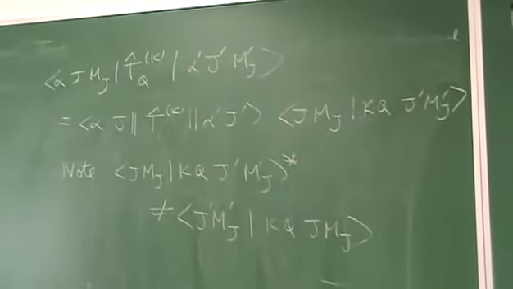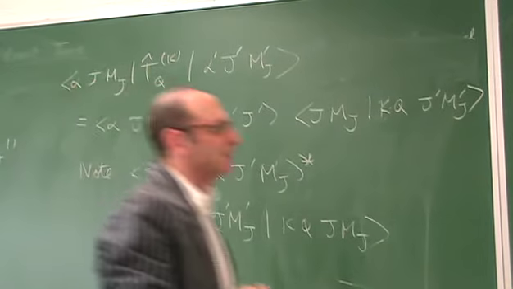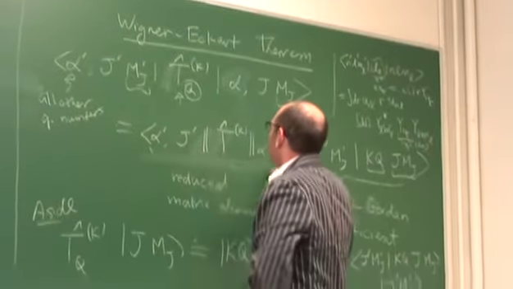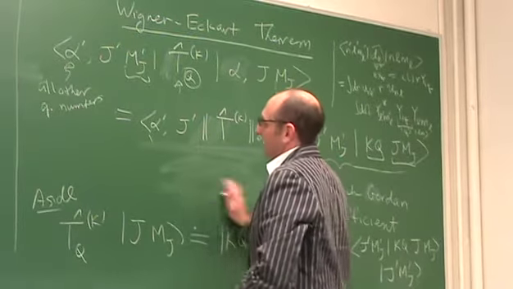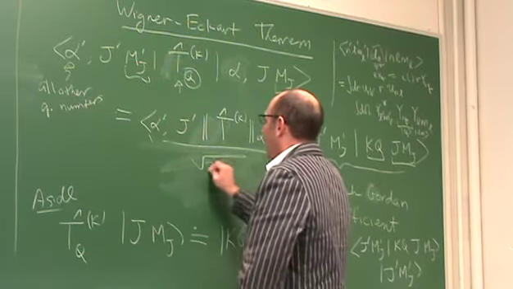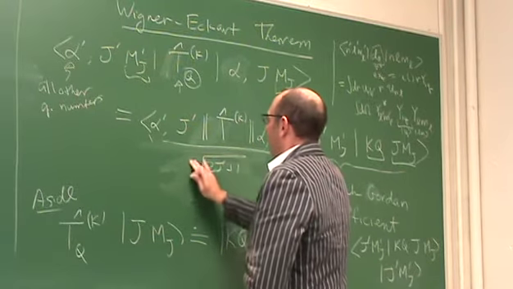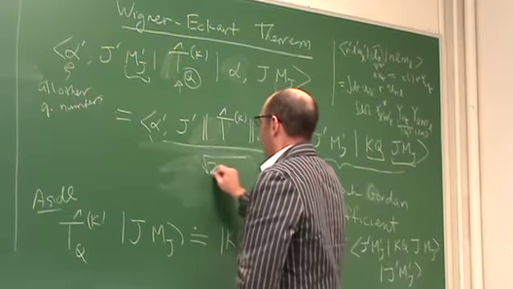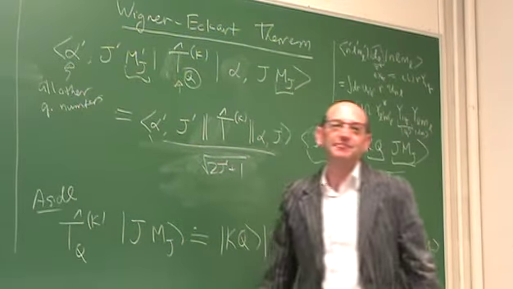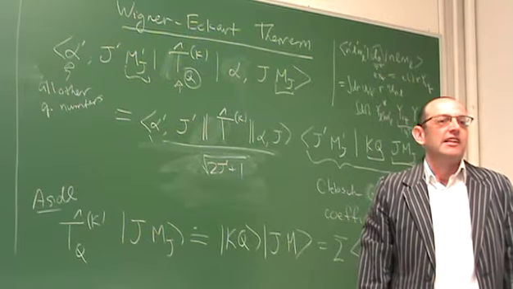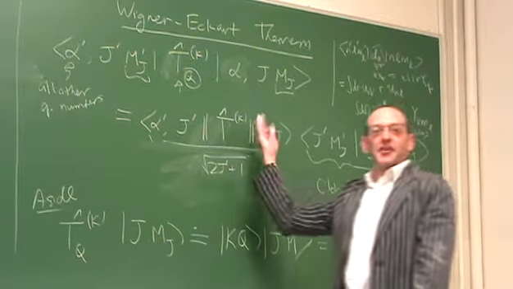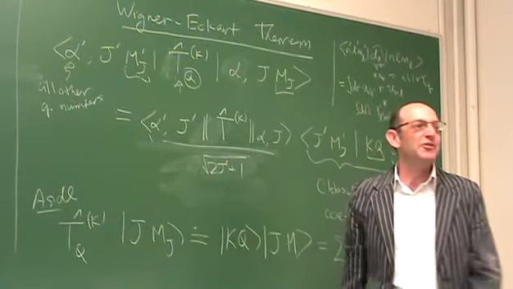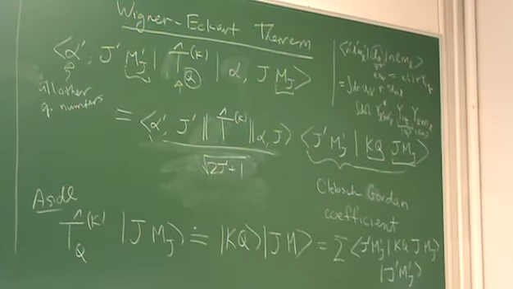So often you will see this defined, in order to make this thing have the right properties, you will sometimes see, and often like in Sakurai, a factor of square root of 2j plus 1 there. Under that case, the reduced matrix element would have this property.